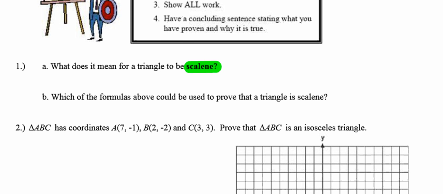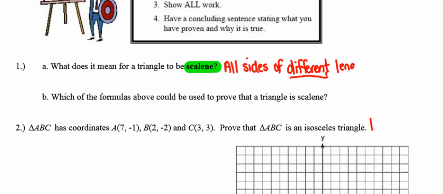Hopefully you're remembering that in order to be scalene, a triangle has to have all sides of different lengths. Or you might say no two sides are the same. That's what it means in order for a triangle to be scalene.